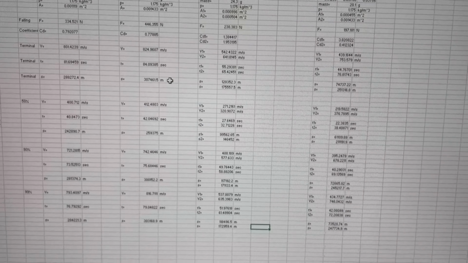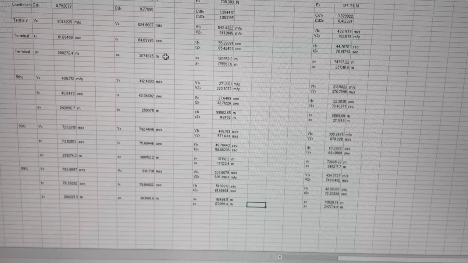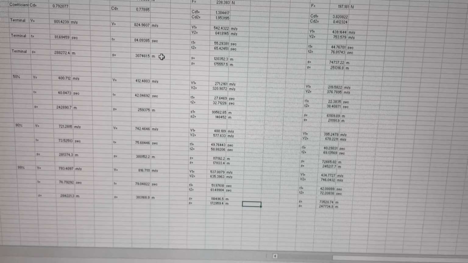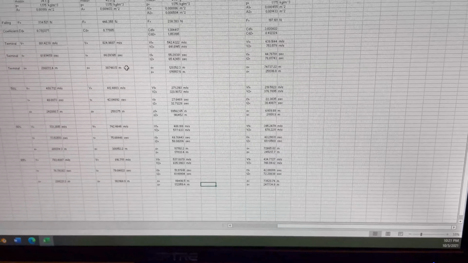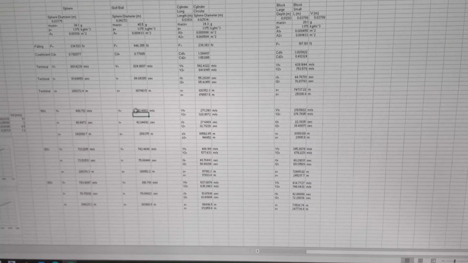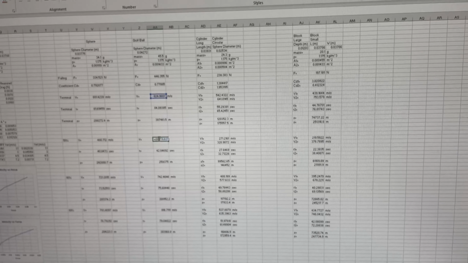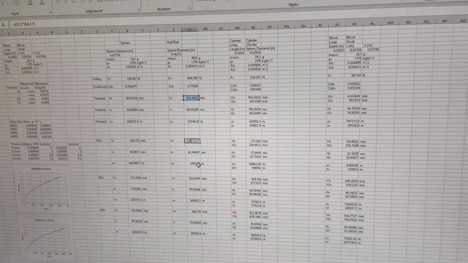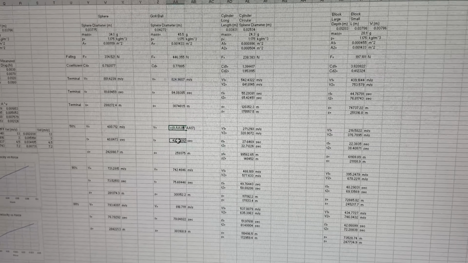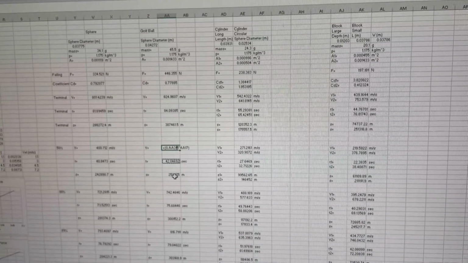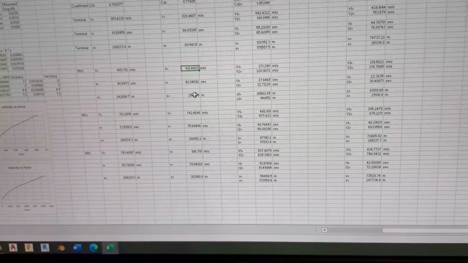But there's terminal velocity, 50%, 90%, 99%. These are all, like I said, Excel formulas for each of these. Oops. That one's a stupid one to list. What the heck? Escape.